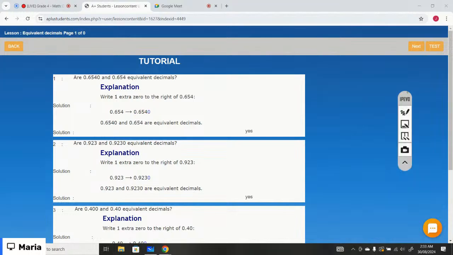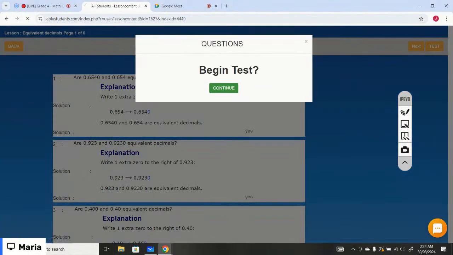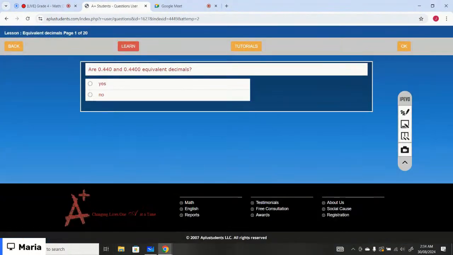Let's just start with the test questions. Are 0.440 and 0.4400 equivalent decimals, yes or no? Which is the correct option?